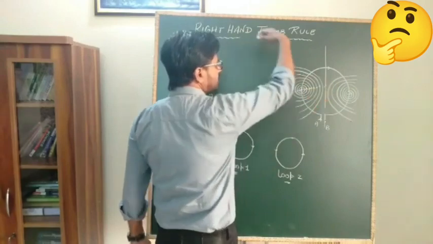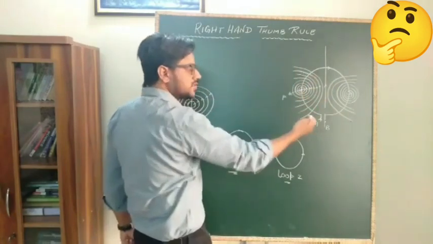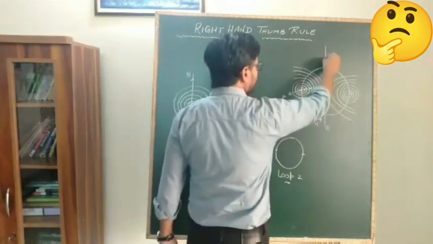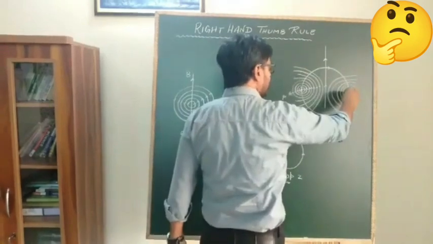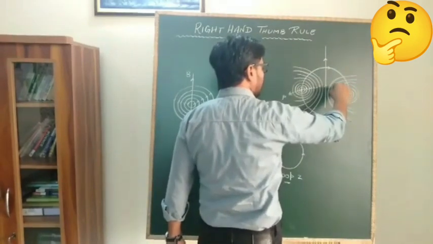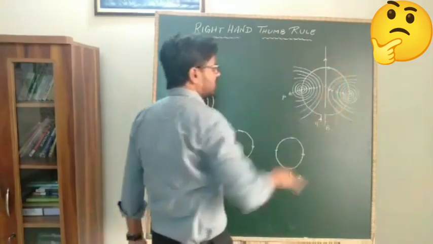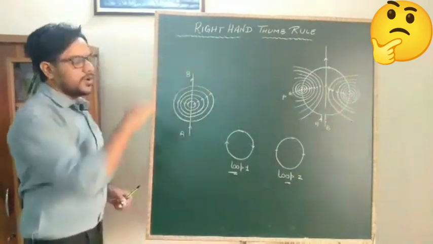and these magnetic field line curves become larger, and in the middle it will become straight. And here, the direction of magnetic field in this loop will be downward.